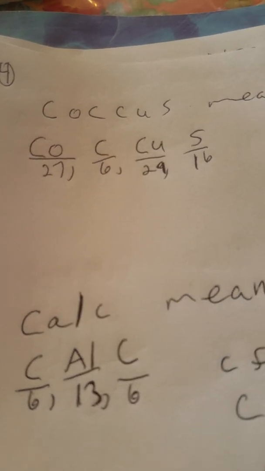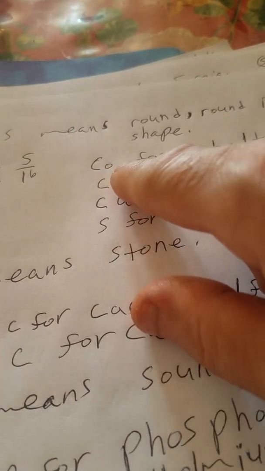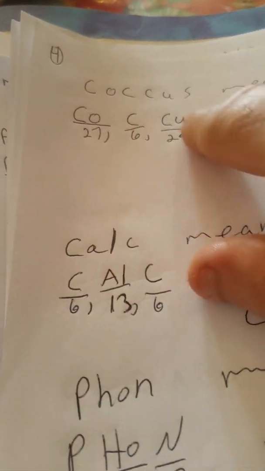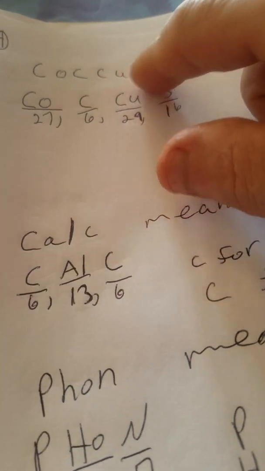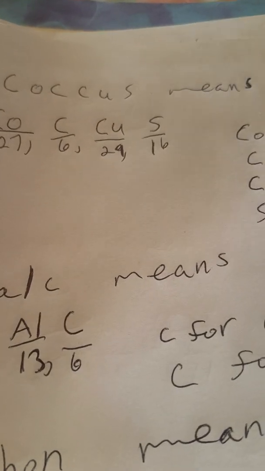Now, coccus means round. So whenever you see the name of a bacteria and at the end you see coccus, sometimes with an I instead of a US, cocci, it means round-shaped bacteria.